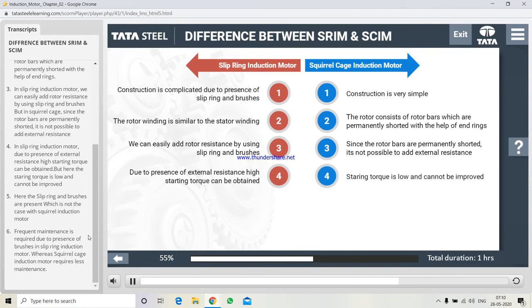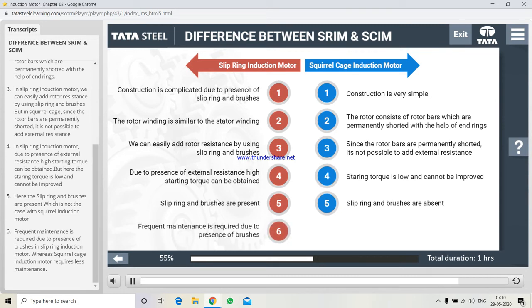But here, the starting torque is low and cannot be improved. 5. Here, the slip rings and brushes are present, which is not the case with the squirrel cage induction motor. 6. Frequent maintenance is required due to the presence of brushes in the slip ring induction motor, whereas the squirrel cage induction motor requires less maintenance. Click Next to continue.